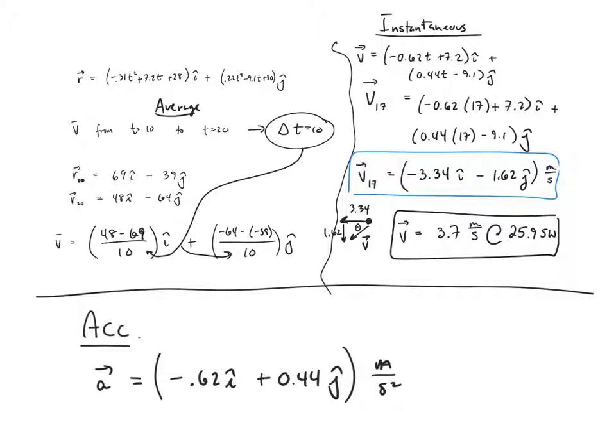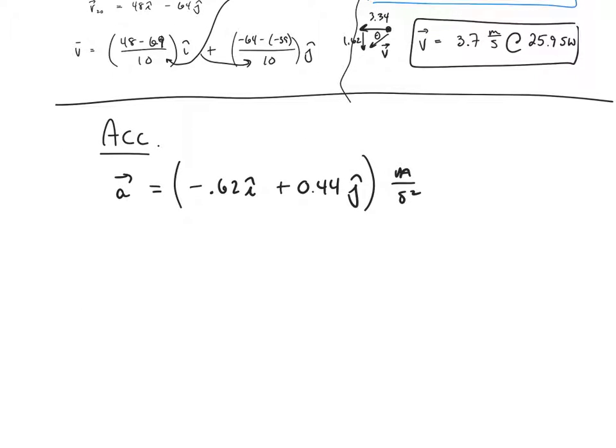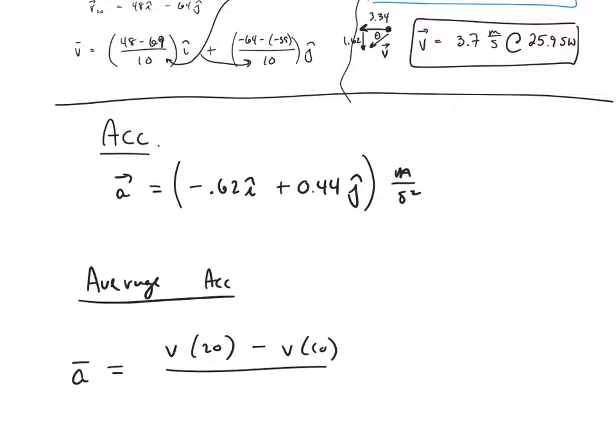Yes. You would do exactly what you did here. So we'll jot it down. In this problem there's no need to do it, but just to write it down: if you want the average acceleration, you would again do what we did earlier for the average velocity. You would take the velocity at 20 seconds minus the velocity at 10, all over the time period of 20 minus 10.